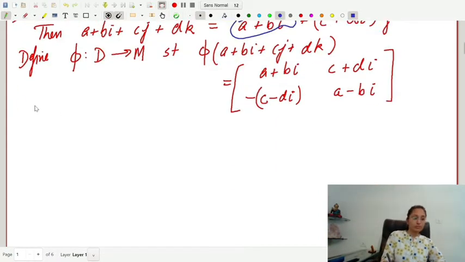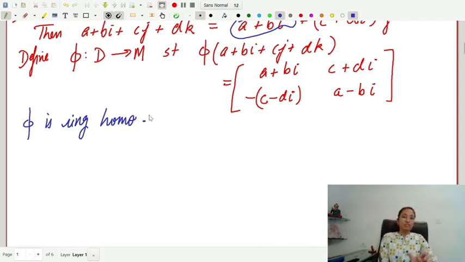Now it can be easily shown that phi is a ring homomorphism. That it preserves addition is very easy, so I am leaving that up to you.